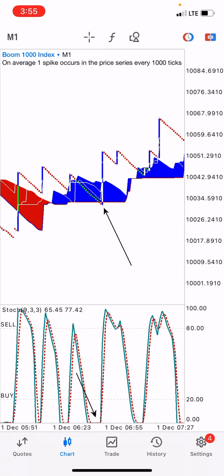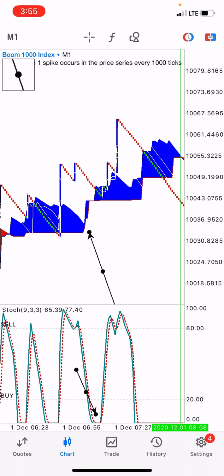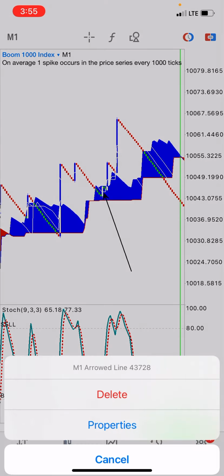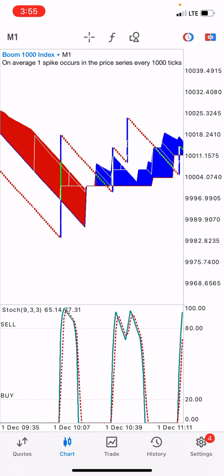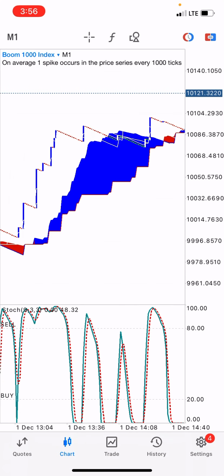Another one here again, you can see here, you take your buy. You would have caught all this spike. That's how it works. Let me show you another one. Look at this place.